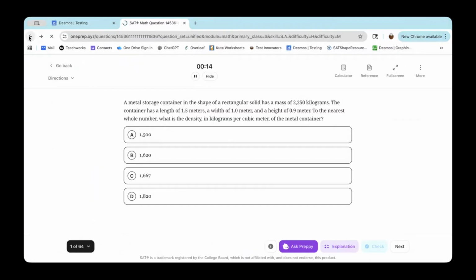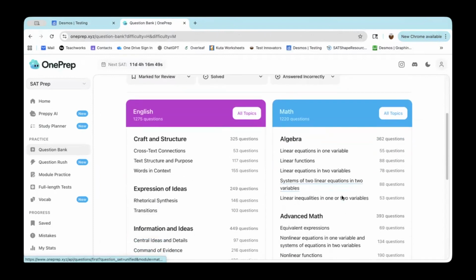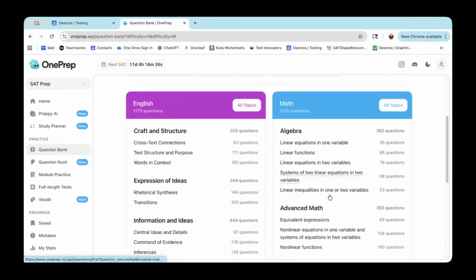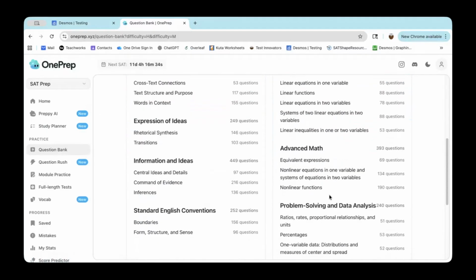So this is a place to get problems that are free. And you can find them by any question type. You could also do the difficulty. Oh, that was only 64 because I had medium and hard, so there's more than that. So that's just a place to find a bunch of problems.